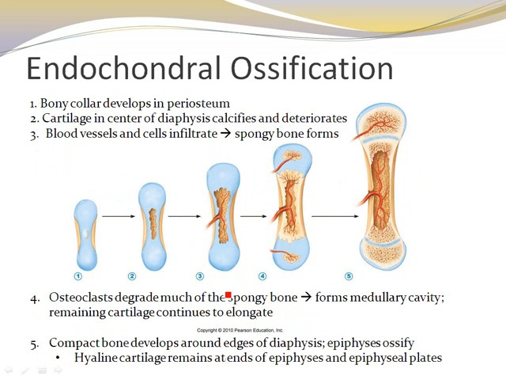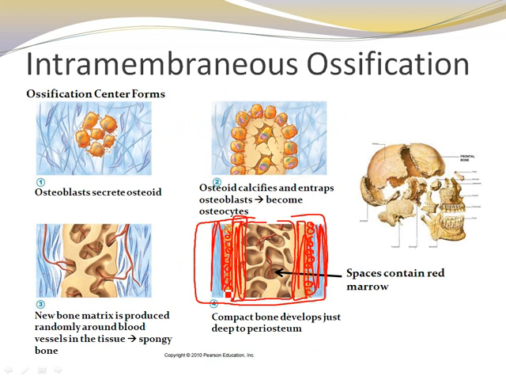Okay, what about the other bones in the body? Intramembranous ossification mostly takes place in the flat bones of the skull, some of the bones of the face. The clavicles develop through intramembranous ossification as well, your clavicles, your collarbones.